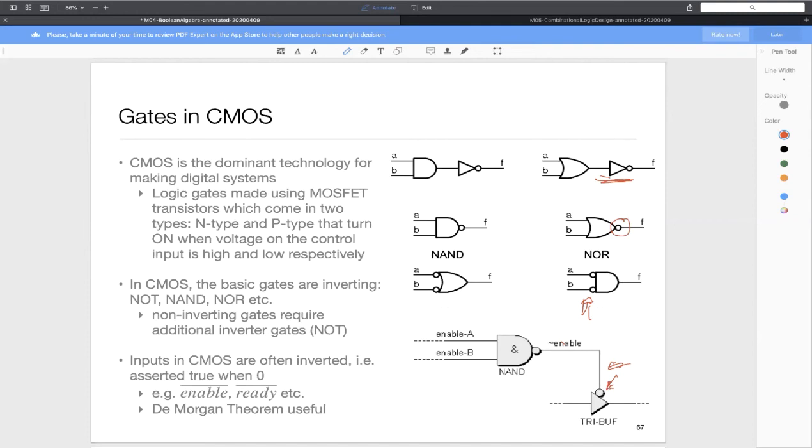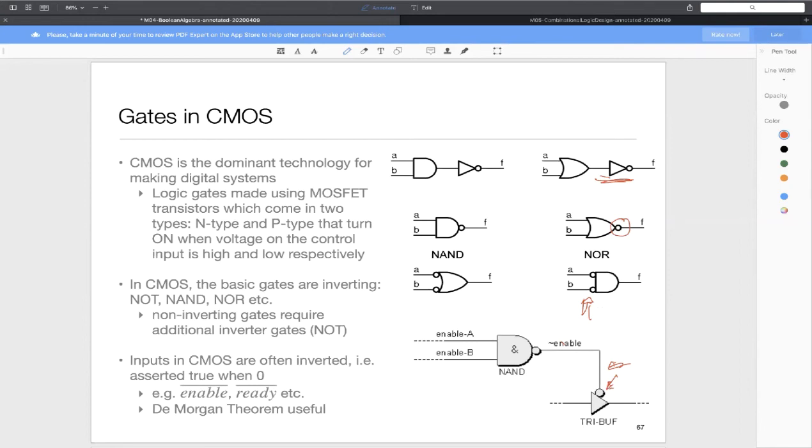That's why, if you look at the data sheet of a chip, many of its important signals are like enable bar, which basically says that the pin has to be 0 in order to enable the hardware, or ready bar, which means that if it is ready, it will actually make the signal low. So essentially, for these signals, the value which we consider important, the truth value, is actually 0 in electrical terms. All of these are artifacts of the technology.